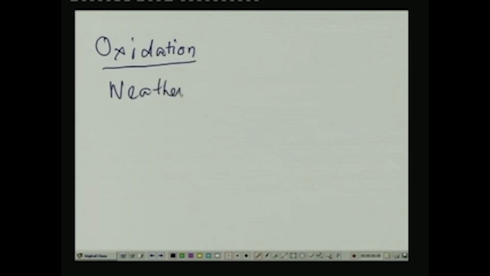Then we have got oxidation. Let us consider an oxidation process. Oxidation, let us consider weathering of olivine. Olivine mineral.